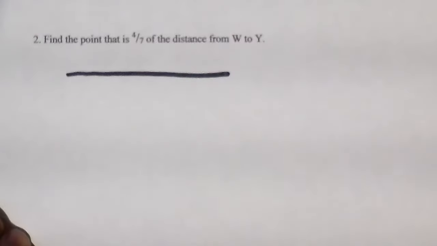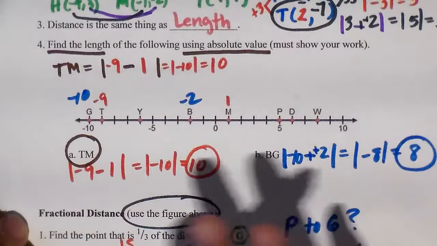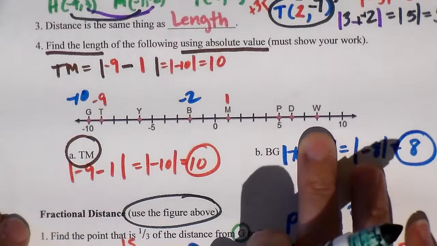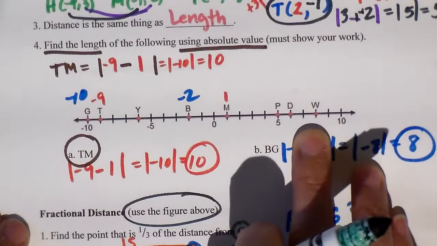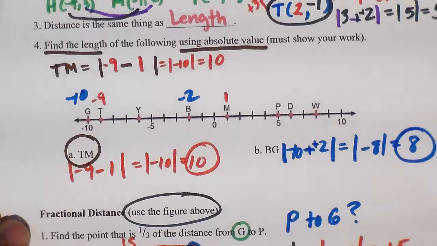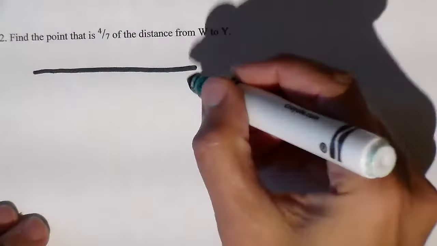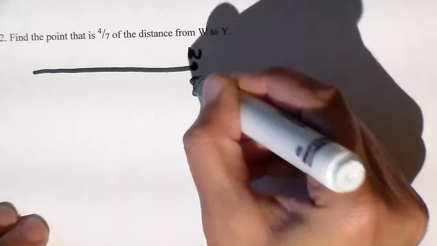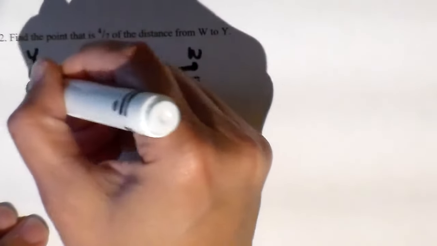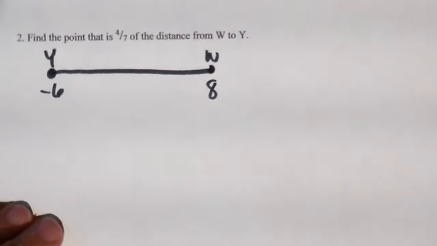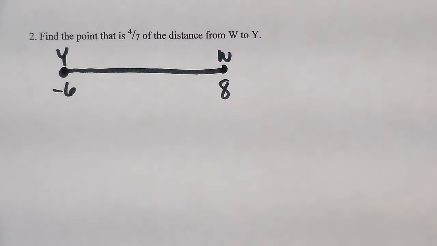Now, if I go back to the original question, where's W located? W is located at 8, and Y is located at -6. So that's what I have on my number line.